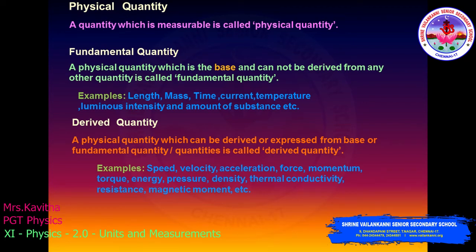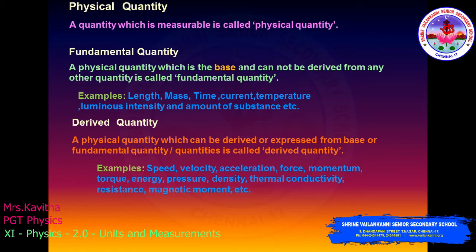So what are derived quantities? A physical quantity which can be derived or expressed from the base or the fundamental quantities is called derived. That means what? See, the operations are based on other physical quantities, right?